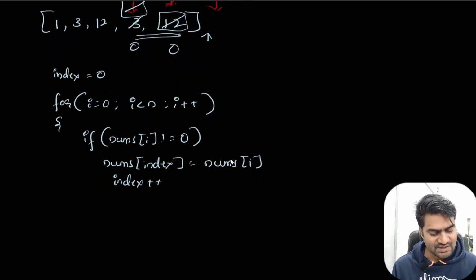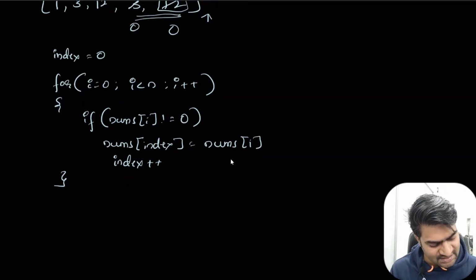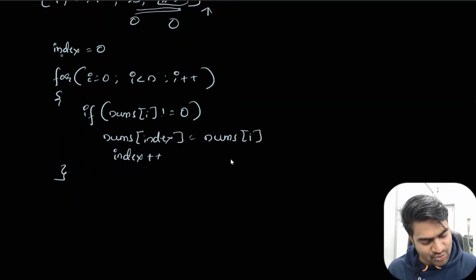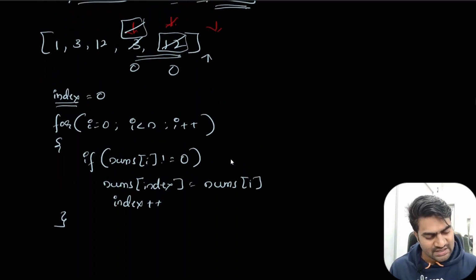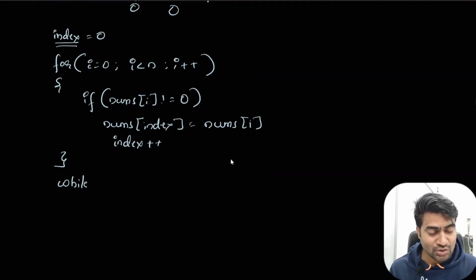So this way it will copy all the non-zero numbers, or move them, towards the left. Then at the end our index will be pointing somewhere here, which needs to be replaced with 0, correct, right? So I will again use a while loop. You can use a for loop as well.